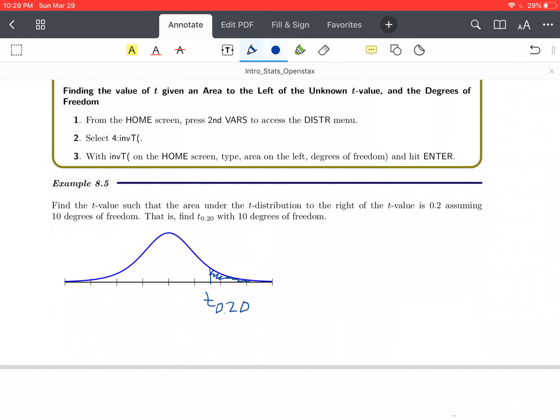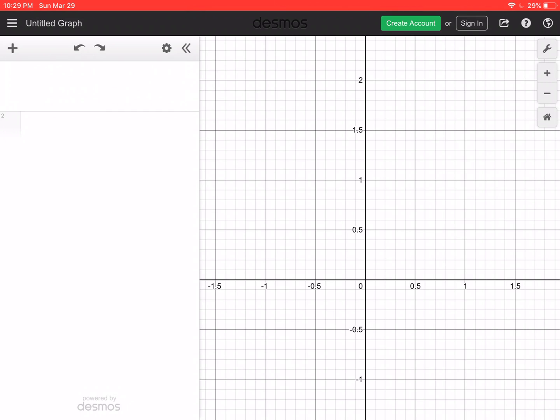That's this area here, assuming that our degrees of freedom is 10. To find t sub 0.20, we need to look at Desmos. Get rid of the normal curve there.